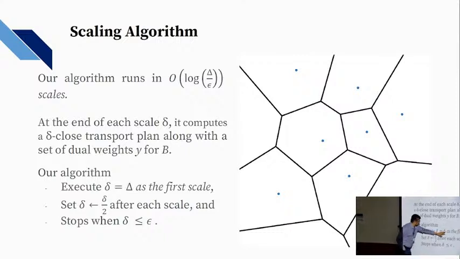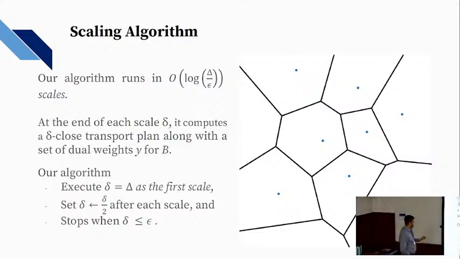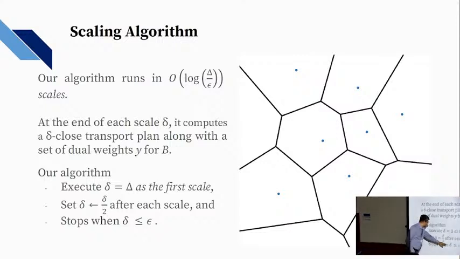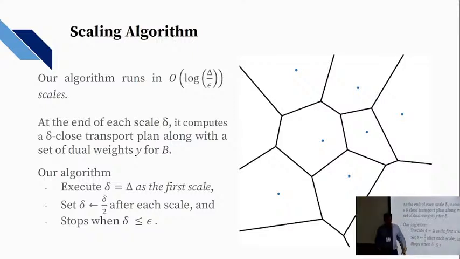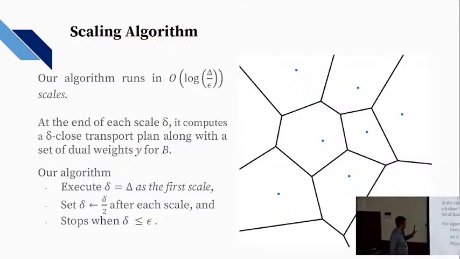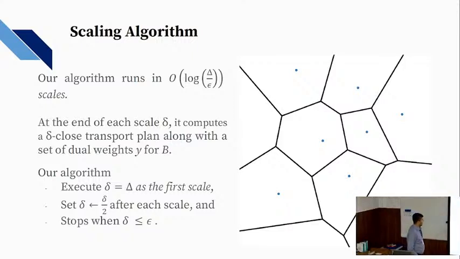Initially the scale delta is set to the diameter, you run an algorithm inside each scale, and at the end of the scale you set delta to delta over 2. You keep repeating this until the delta value falls below epsilon. So the number of scales is roughly log diameter over epsilon.